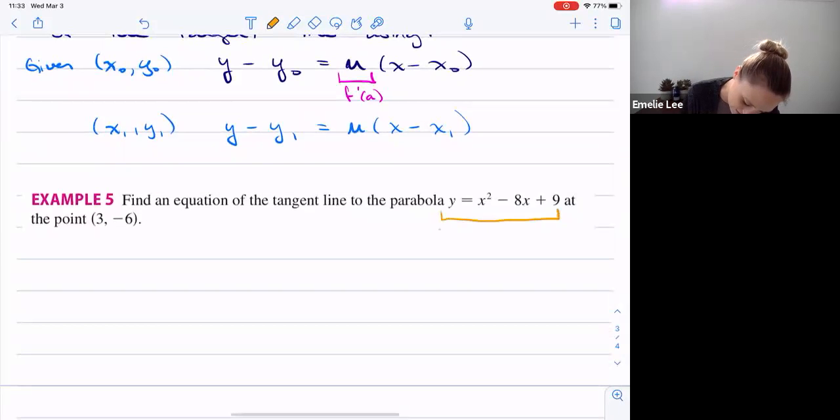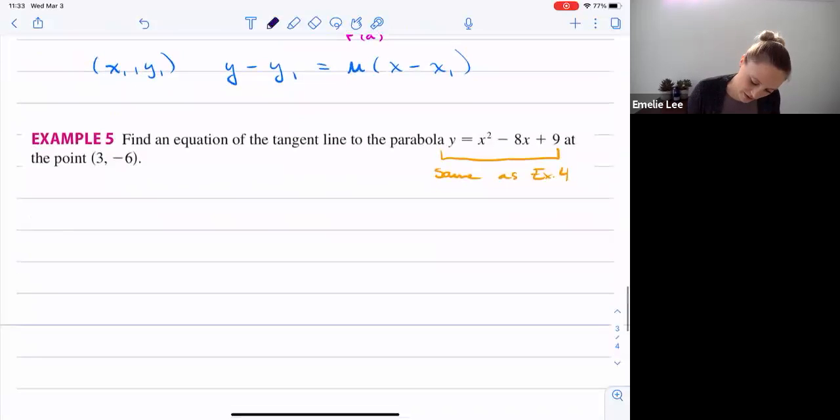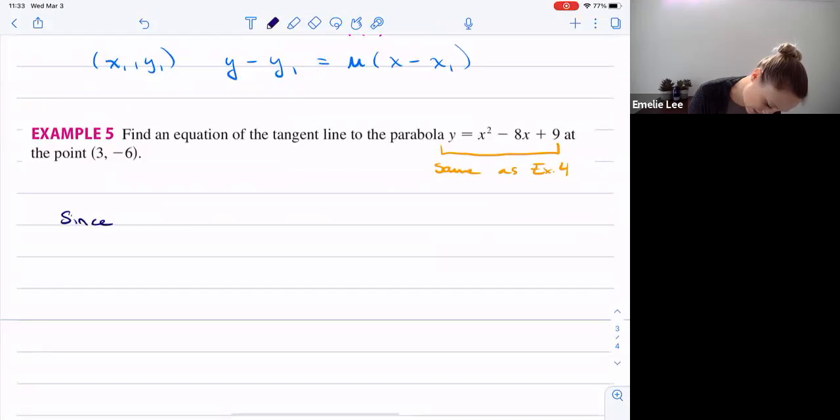Notice that this is the same parabola as from example 4. Since f of x, and here they've got y, just remind yourself that y and f of x can be read interchangeably. f of x highlights that the curve f, which is just the name of the curve, takes some input x.